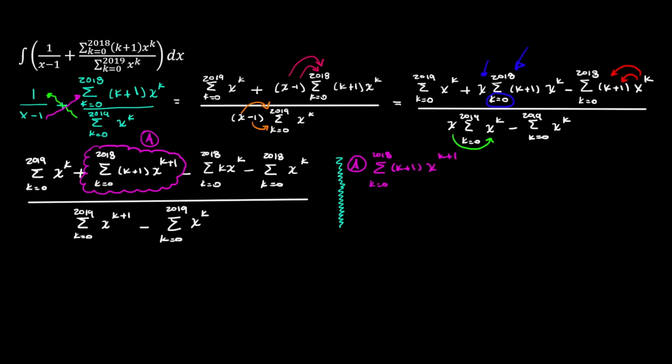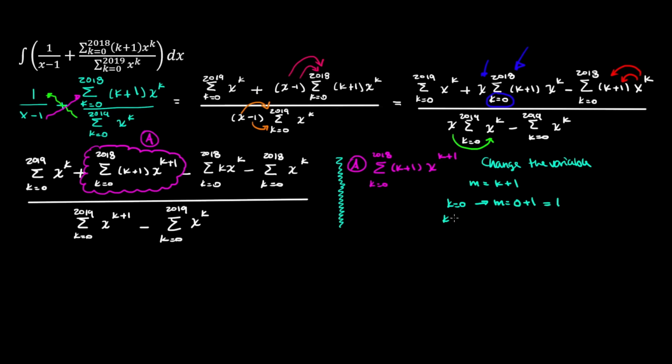Okay, perfect. So if we want to change the variable here, we can change it to m. I don't know, m equals k plus 1. So we have to change the limits of this summation. When k equals 0, we have m equals 0 plus 1, so there'll be 1.